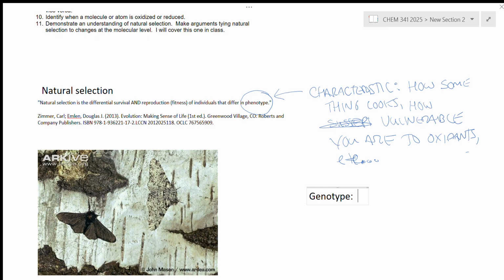Okay, a genotype is the genes that determine the phenotype. In other words, it's the DNA. So genes are, well, I'll define them in a second.